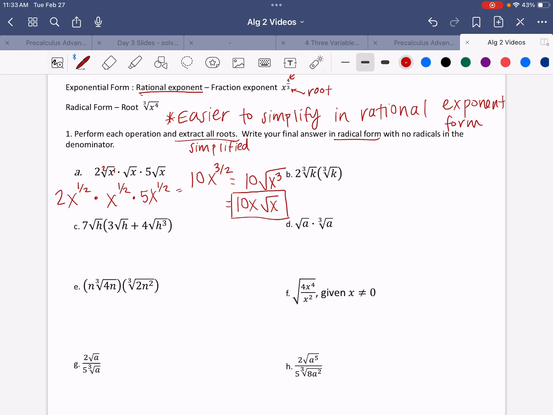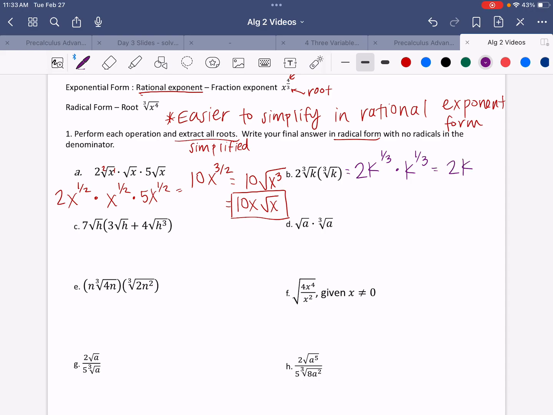Okay, so let's try this again. It's kind of a lot, but we have cube roots here. So first thing I'm going to do is go ahead and change them into rational exponents. So the cube root is the 1/3 power. And so here my only coefficient is 2.